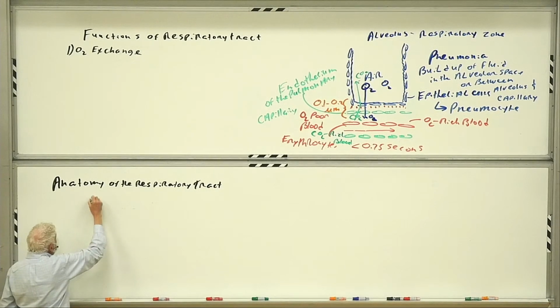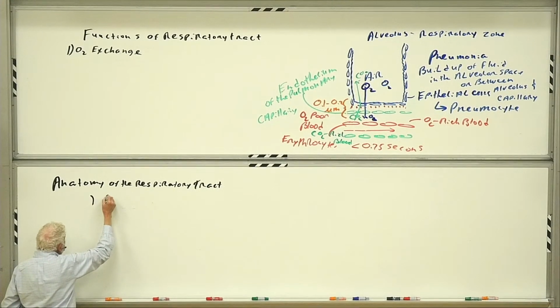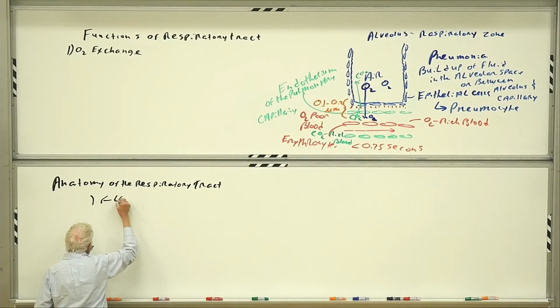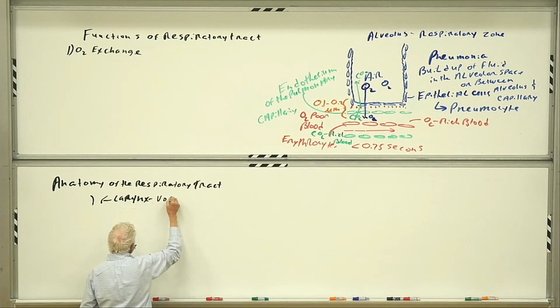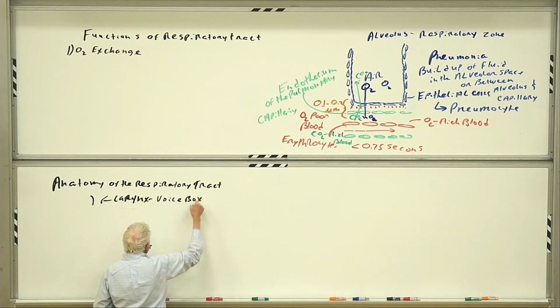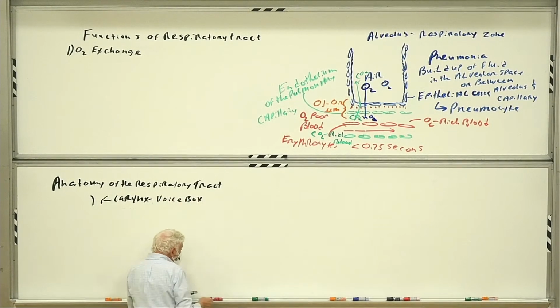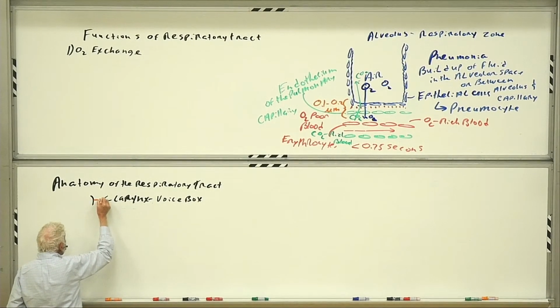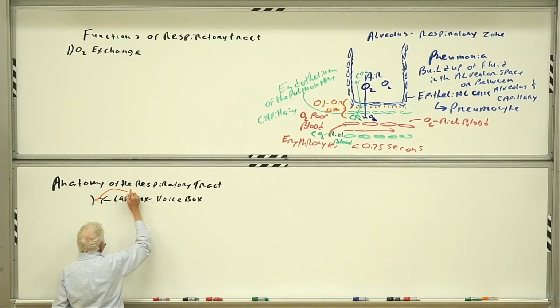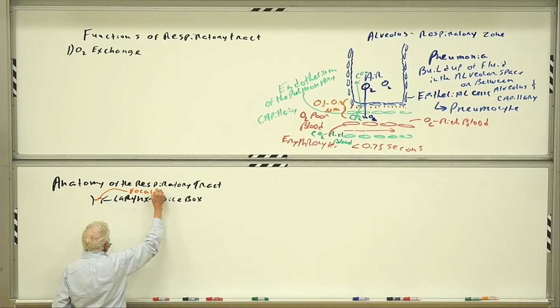We're going to start out here with a structure sort of funnel shaped called the larynx. We know this commonly as the voice box. It's the voice box because within the larynx there are these flaps of tissue known as vocal folds.